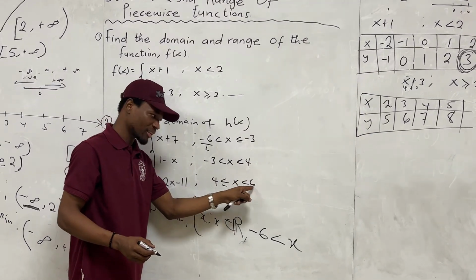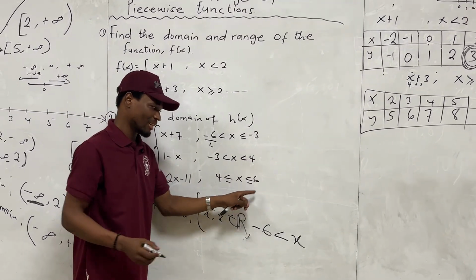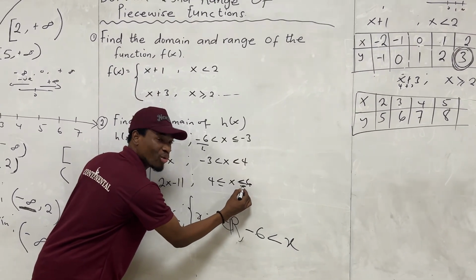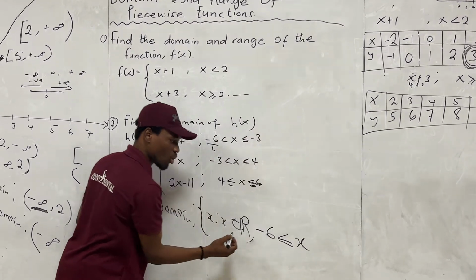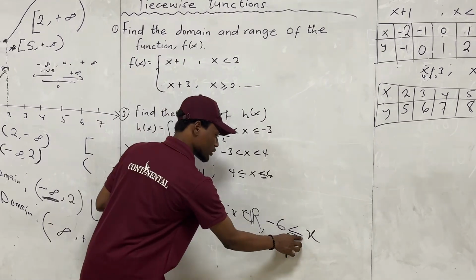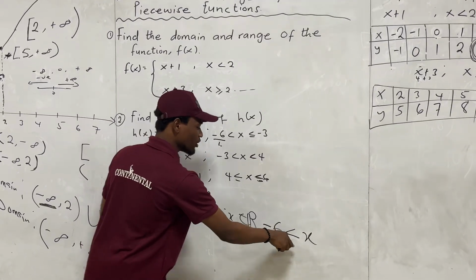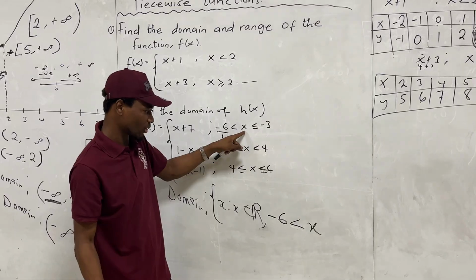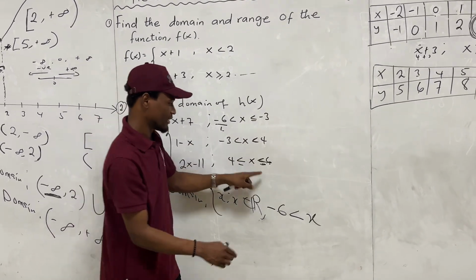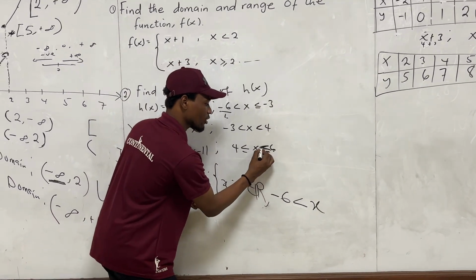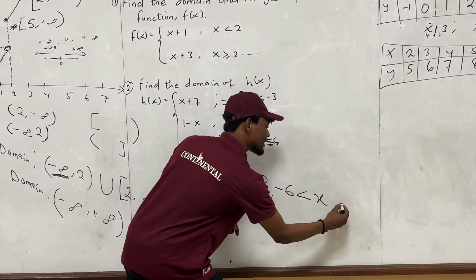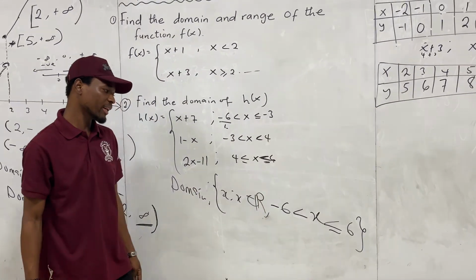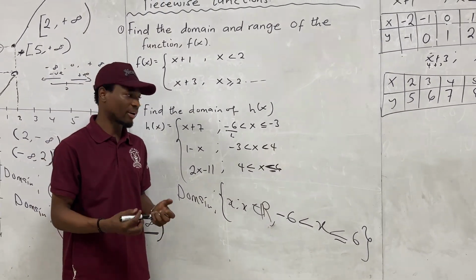Which one is the highest? It's simply 6. But looking at the 6, what do we have here? Less than or equal to. So we have -6 is less than x, less than or equal to 6. Viewers, this is simply the domain of the function.